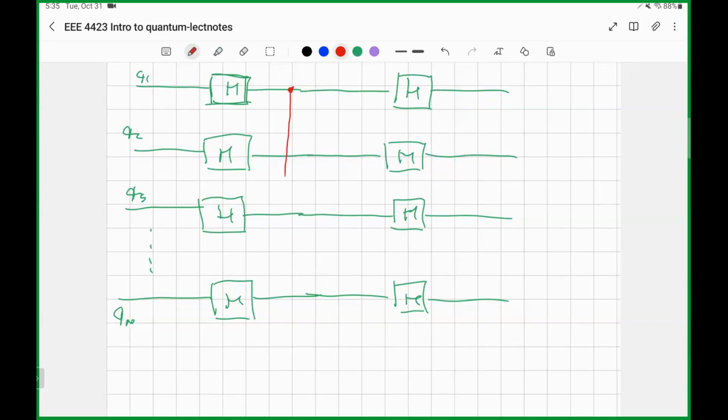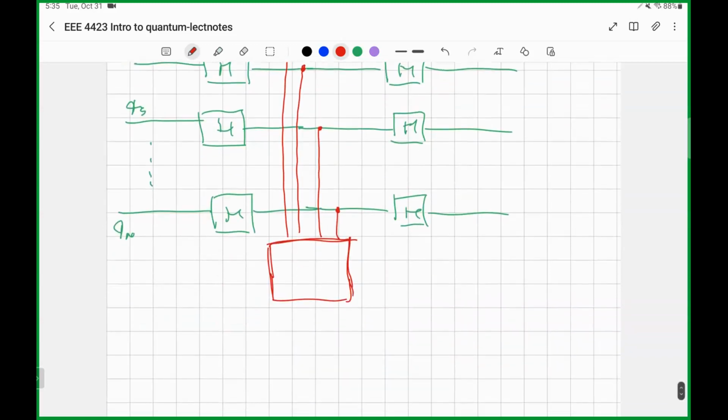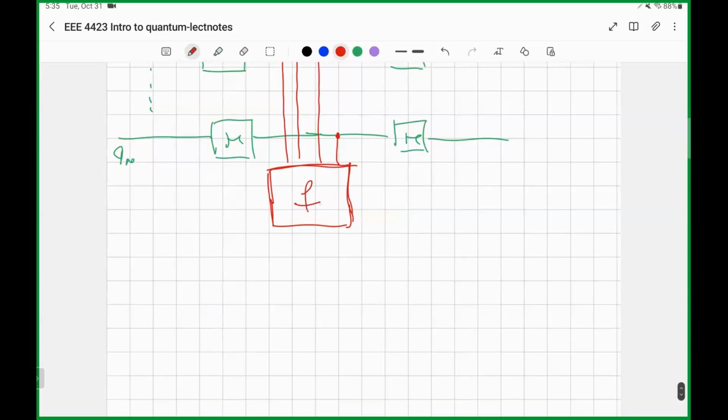We create interference, close interference, and we can do something in between. Here we can apply another quantum circuit which operates with the quantum amplitudes. Let's call this some function, and this function can be controlled somehow. This is pretty much how almost any quantum algorithm operates.